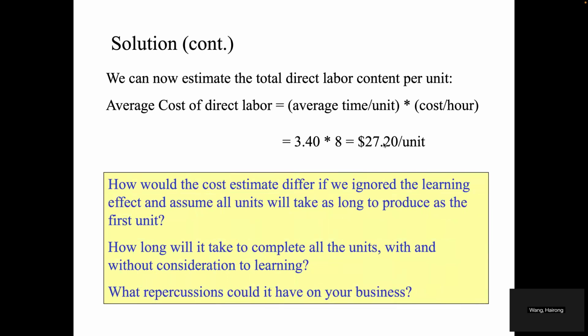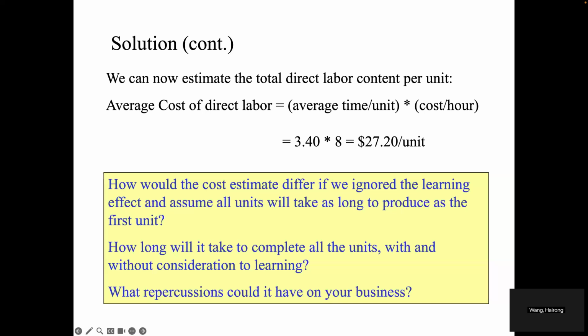The first one is, how would the cost estimate differ if we ignore the learning effect and assume all units will take as long to produce as the first unit? So the first question asks us, what will happen if we just ignore the learning effect?